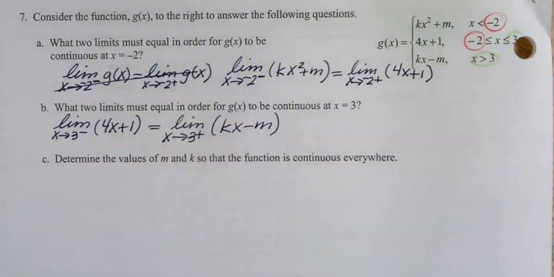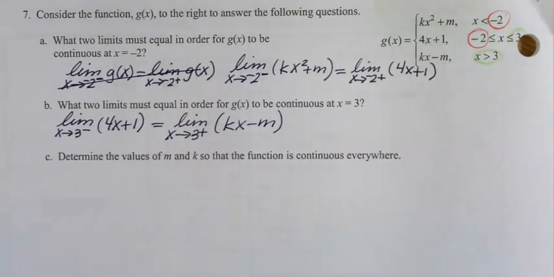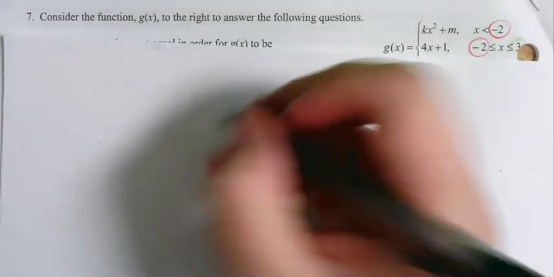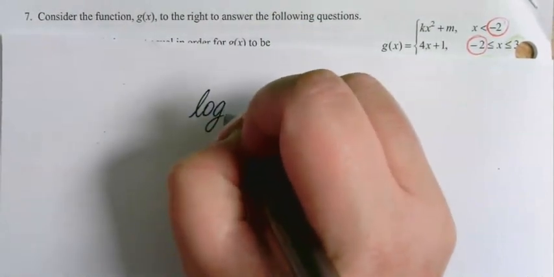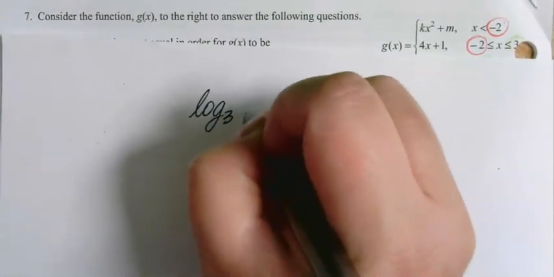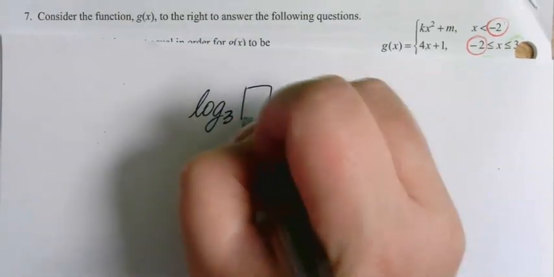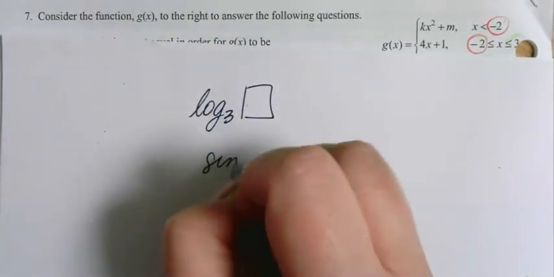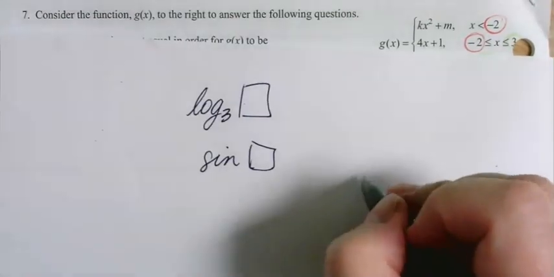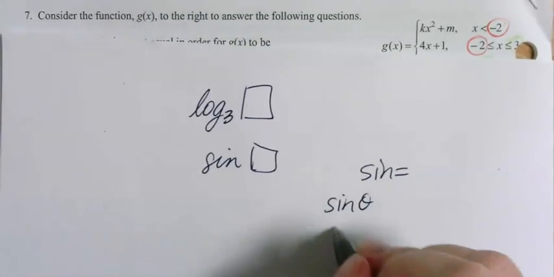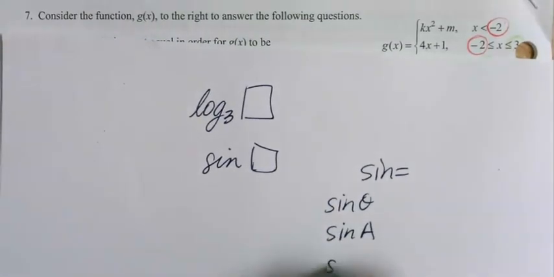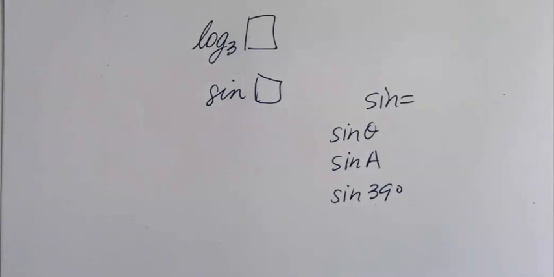Now, let me jump away from this for one second to point out that I'm seeing a lot of people struggling to write limit notation in the very general sense. If you know how to write log base 3 of something, and sine of something, in other words, we don't ever write sine equals this. We write sine of theta, sine of A, sine of 39 degrees, sine of pi over 6.